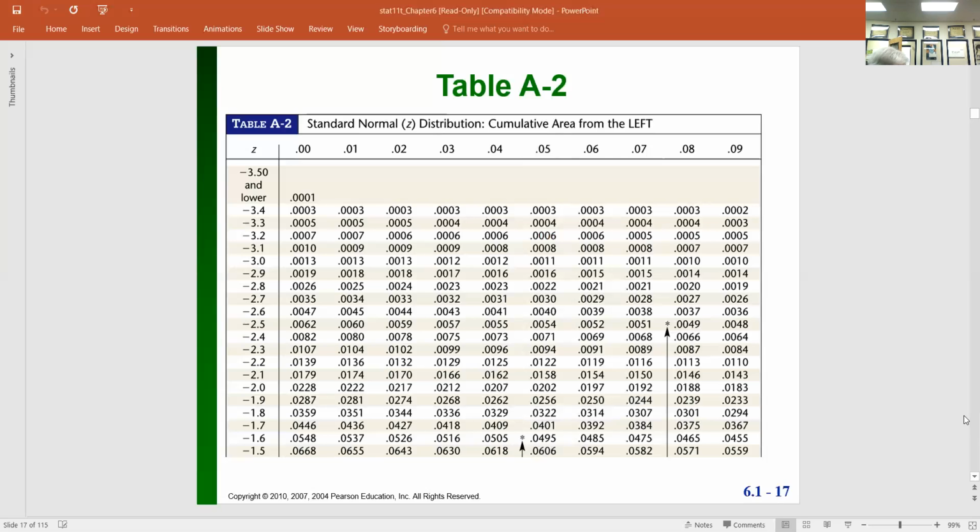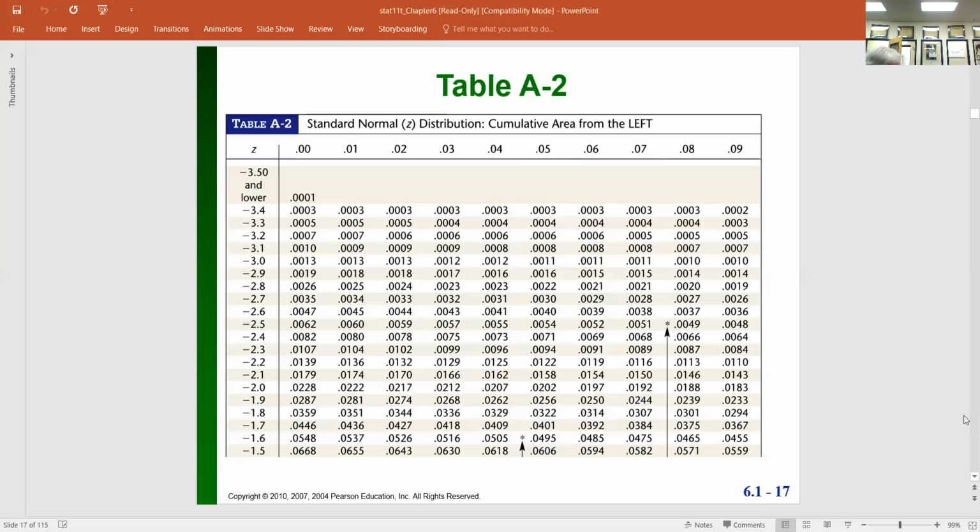If we look at minus 1.60, we get 0.0548. If we go back up and look at minus 1.7, it's 0.0367. So we have a large span here, okay?